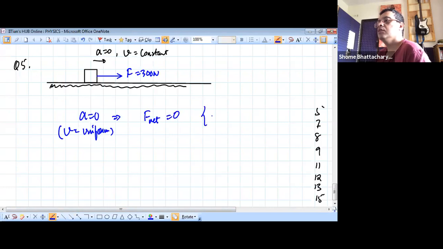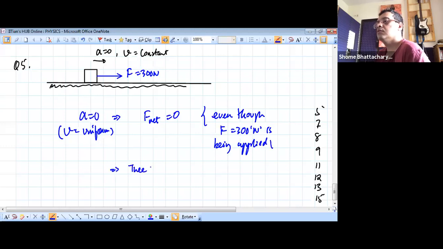Okay, even though F is equal to 300 Newton is being applied. So that means that there is some friction, okay, or what they are calling a drag force. It's dragging it back.